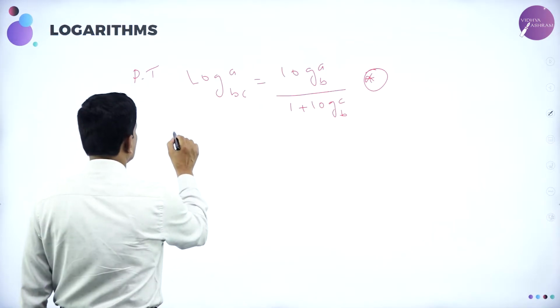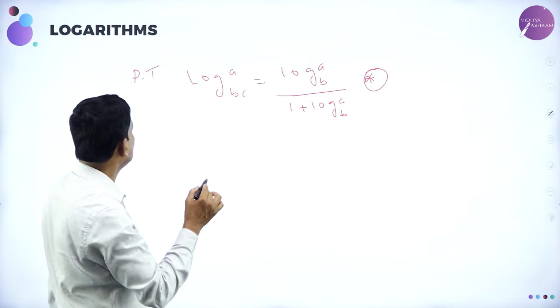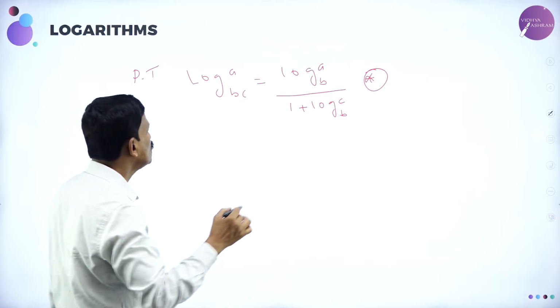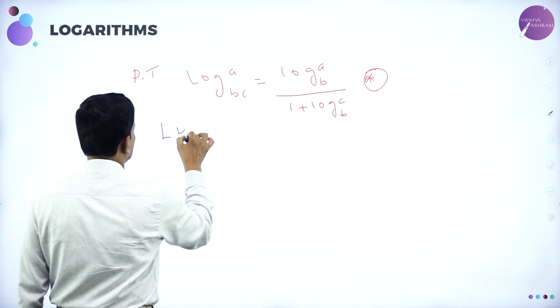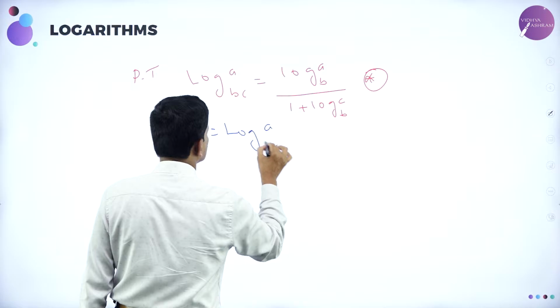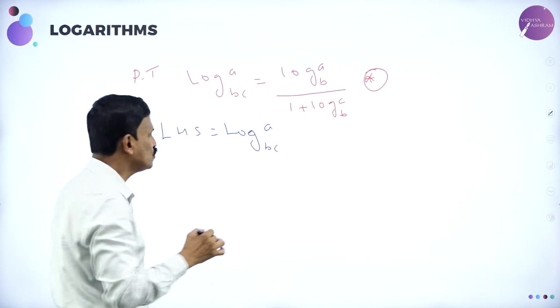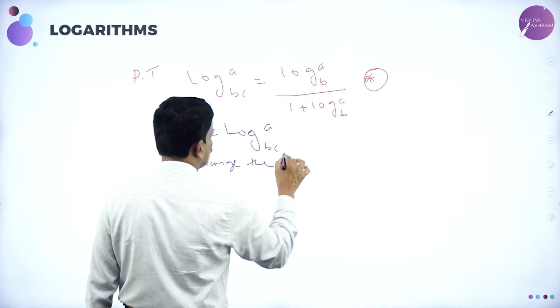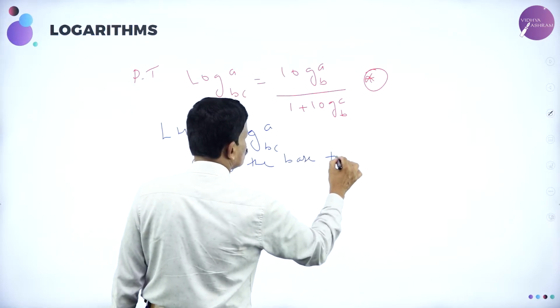Okay. Now let us take LHS. What is to prove? Prove that log a to base bc is equal to log a to base b divided by 1 plus log of c to base b. Let us take LHS. LHS is logarithm of a to base bc. Now using the base change rule, change the base to b.